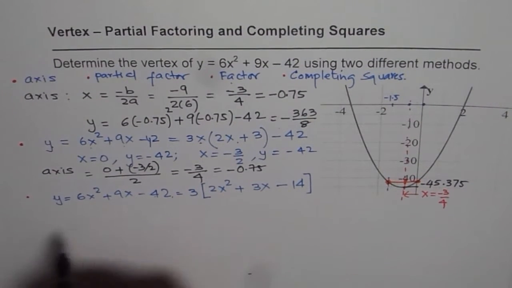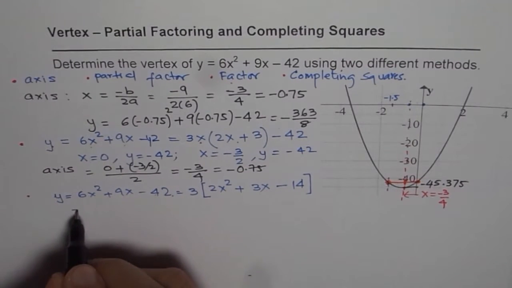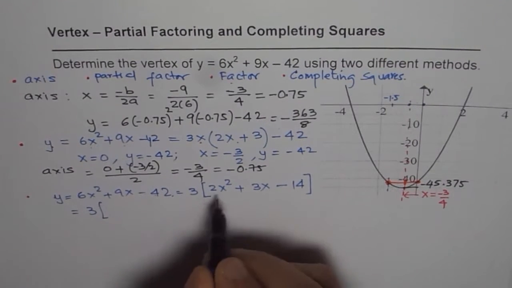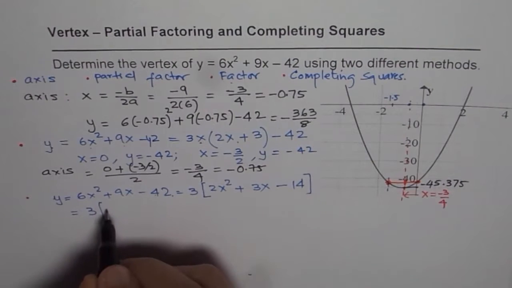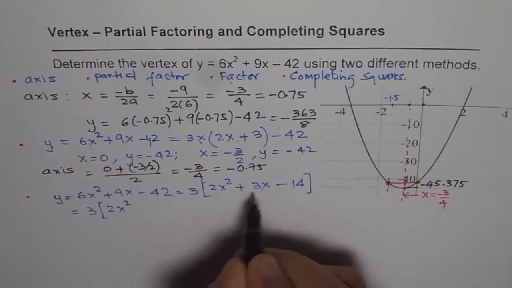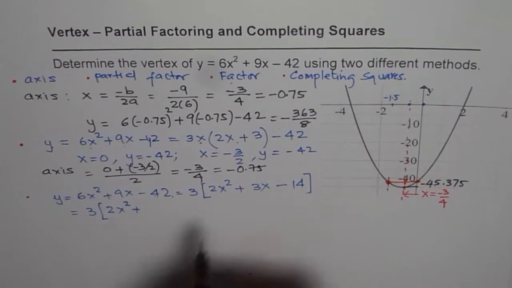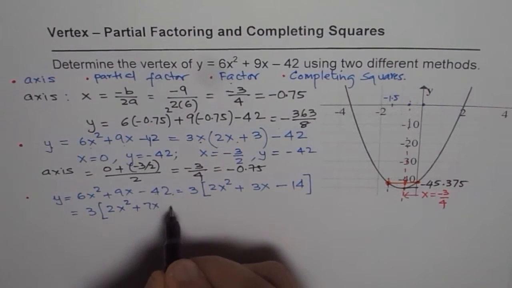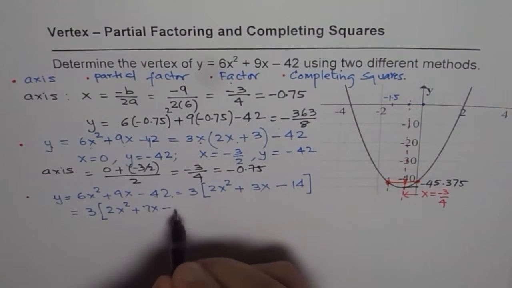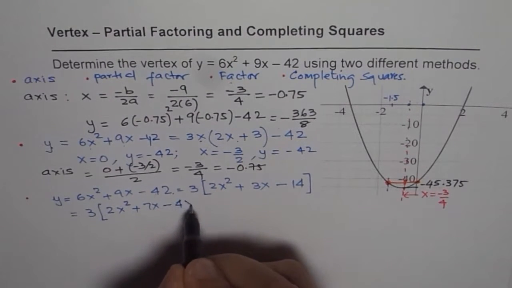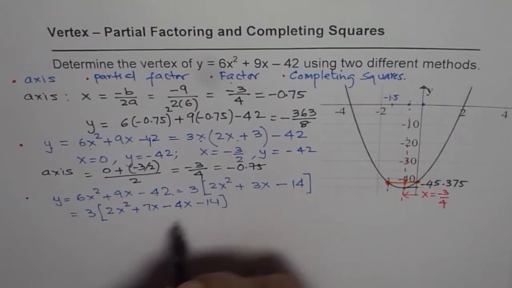So now we can write this as 3 times, within brackets, I'll split this 3x into 2 terms, which is a combination of 7 and 4. 7 plus and 4 minus. You get 3, right? Minus 14, correct?